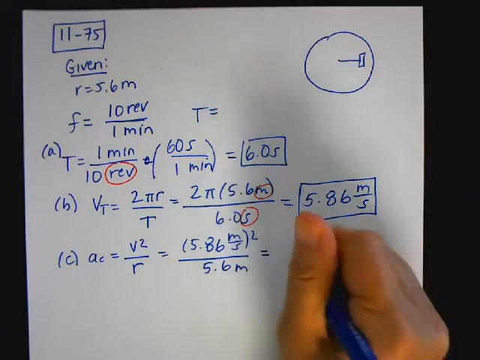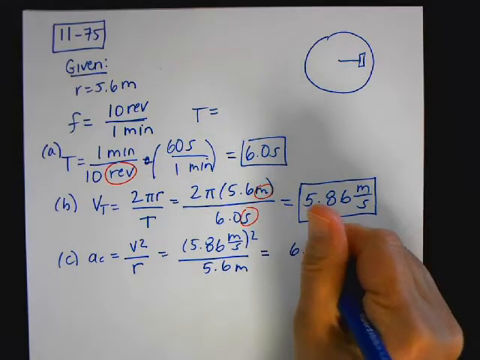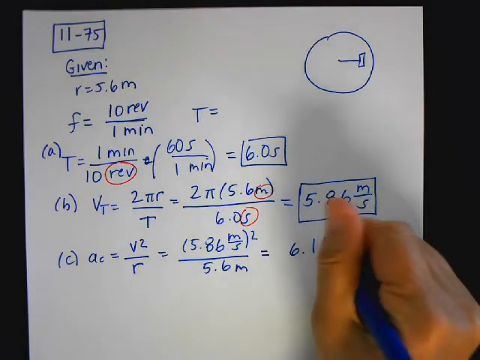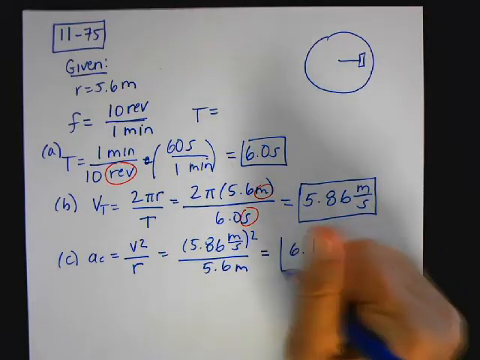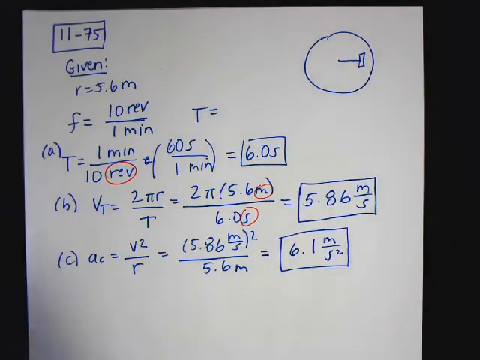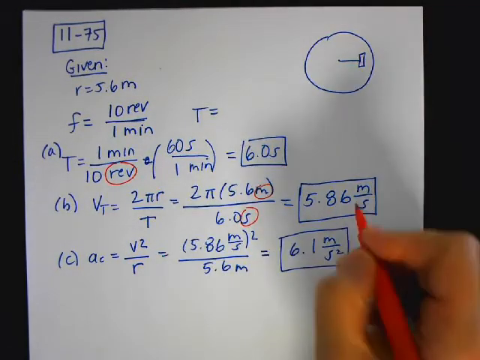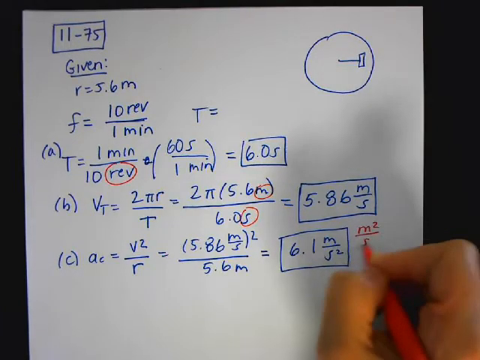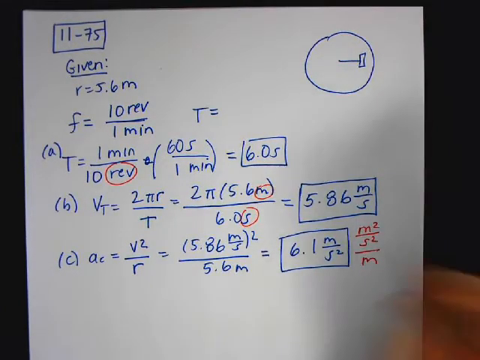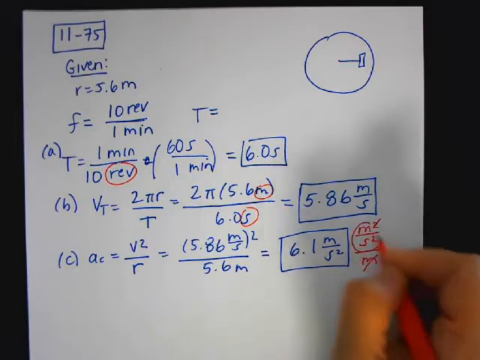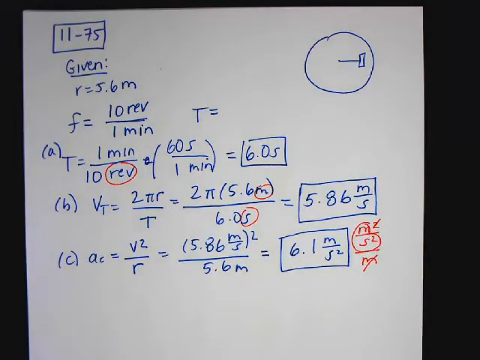Numerically, this comes out to be 6.1. Let's check our work: when I square this number, I square the unit, so I have meters squared per second squared divided by a meter. I end up with meters per second squared, which is the correct unit for acceleration.